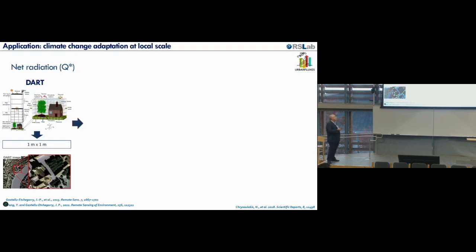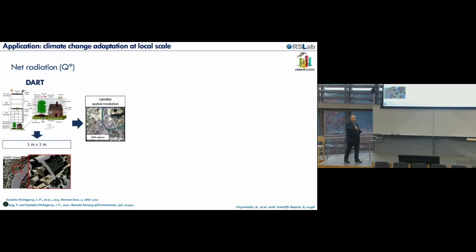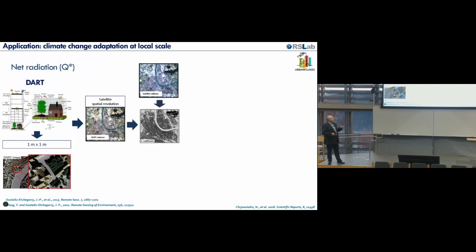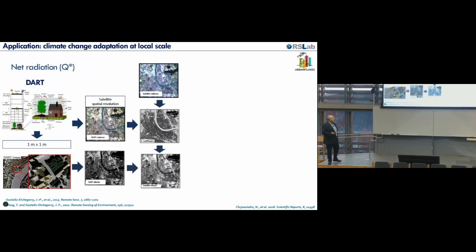So in order to do it, we simulate from 1 meter and upscale a single direction, which is the satellite image acquisition, the Sentinel-2, and then compare it with the real Sentinel-2 acquisition, and produce an error map like this. And then we can use it to upscale the albedo at local scale, which is the satellite scale.